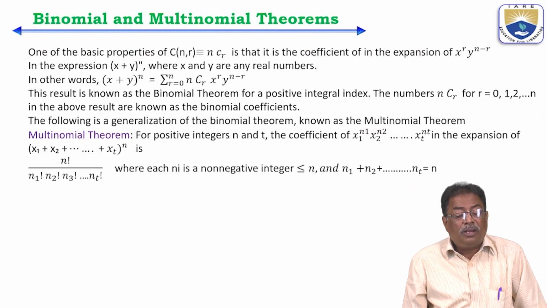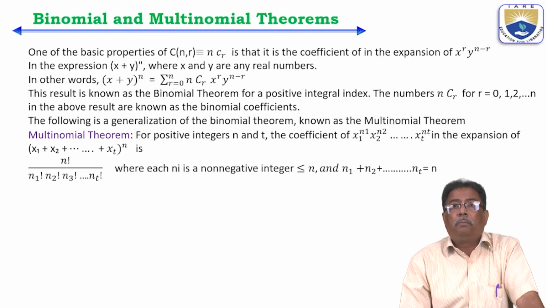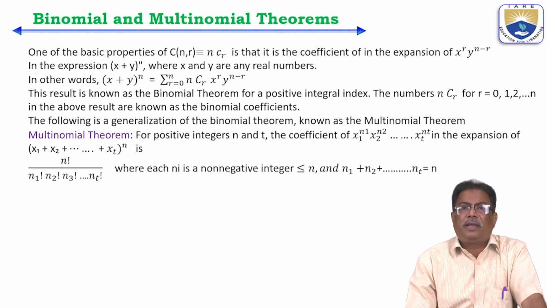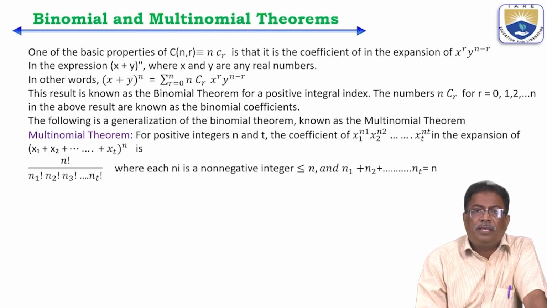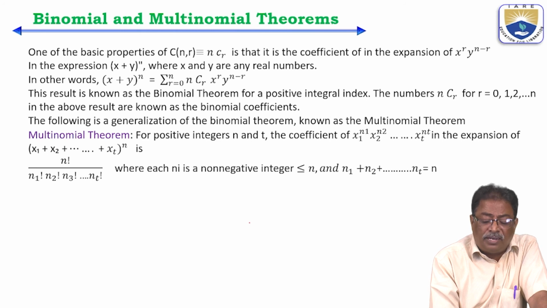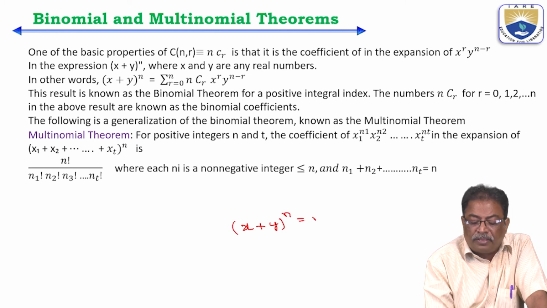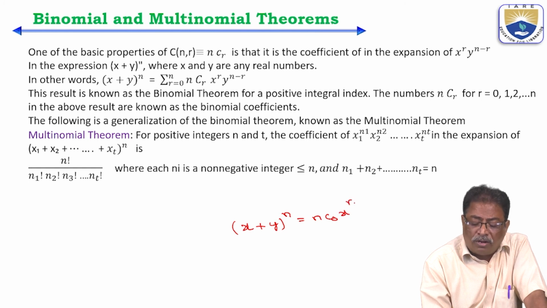And now, let us go for the binomial and multinomial theorems. What is a binomial theorem? So here, if the function has 2 variables, then I am going to consider nC0, x to the power of n, and so on: nCr, x to the power of r, y to the power of n minus r.